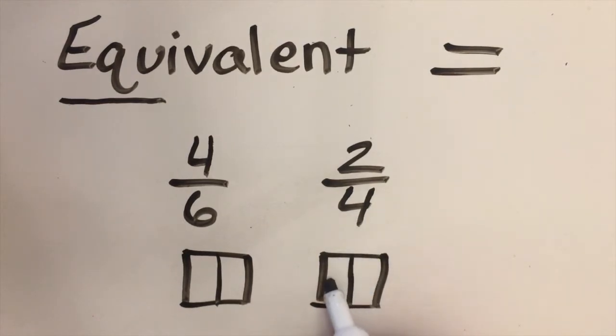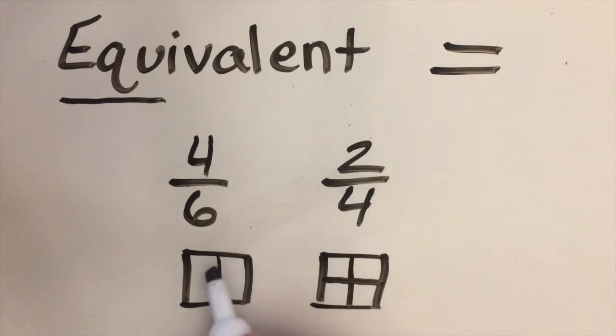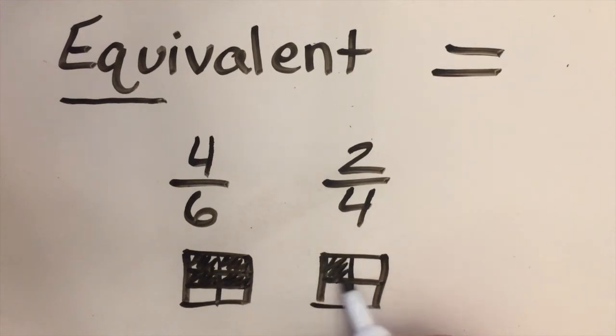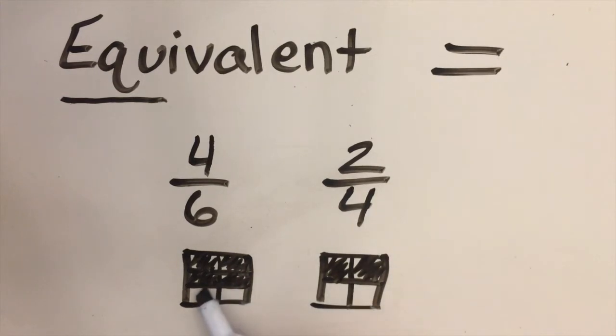This one I need to split into 4 equal parts. This one I'm going to need to split into 6 equal parts. I'm going to shade in 4. 1, 2, 3, 4. And then here I'm going to shade in 2. 1, 2.